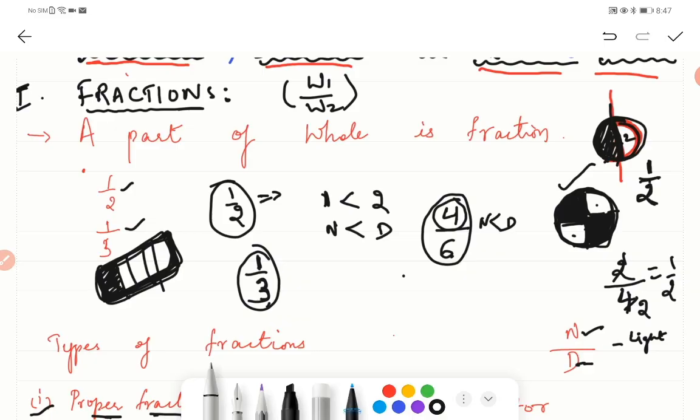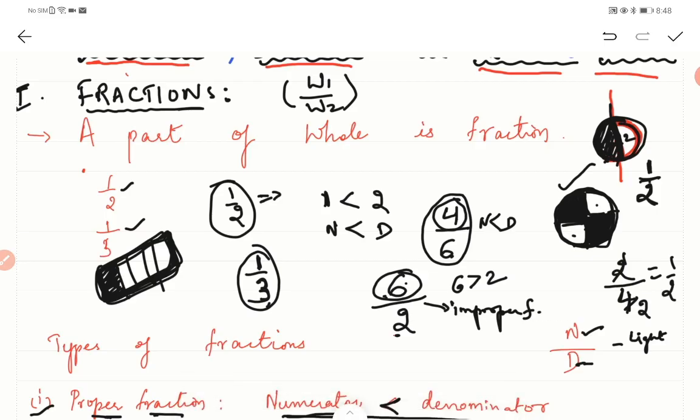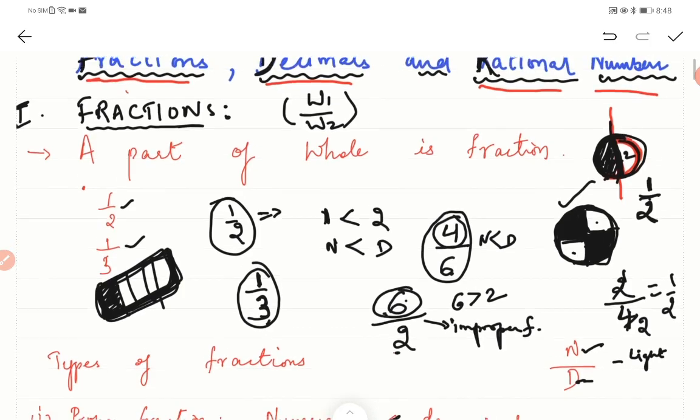If I take 6 by 2, this is improper, because here the numerator 6 is greater than 2, isn't it? So the numerator has become heavy compared to the denominator, so this is an improper fraction. All right, so these are the two types of fractions, with examples.